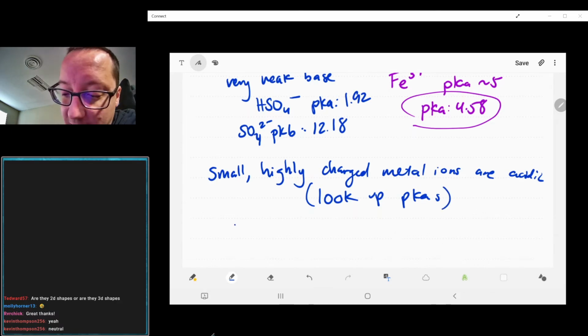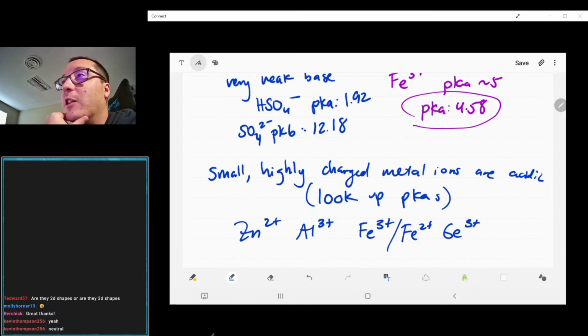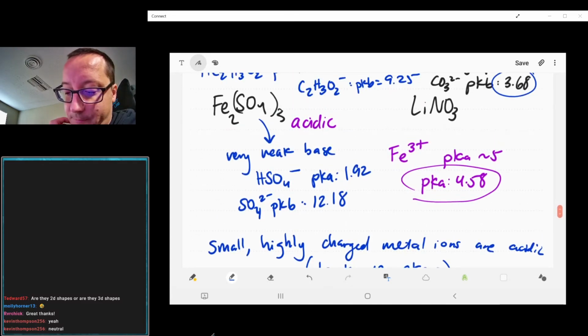That would be something like zinc or aluminum or the iron ions or germanium or stuff like that. So you'd want to look up these pKa's. You'll see that those would be acidic. Stuff like sodium are big and not very charged, so we don't have to worry about them.